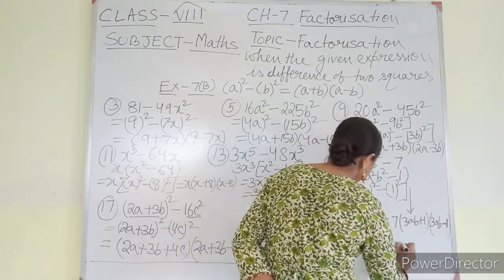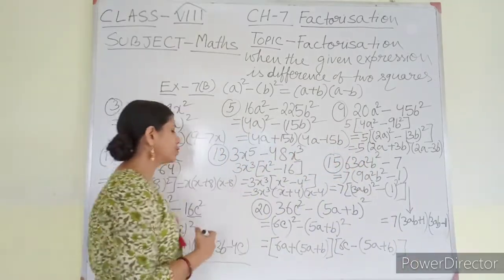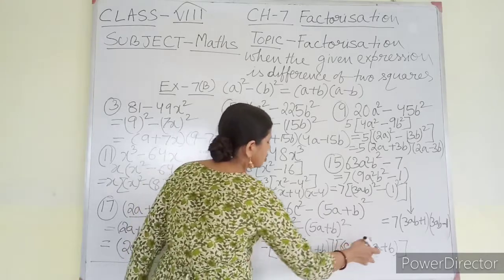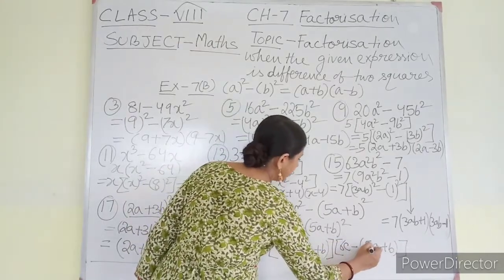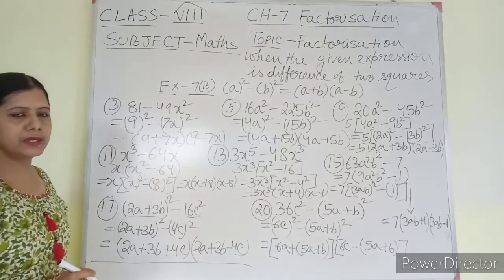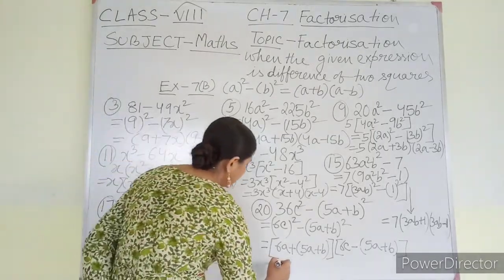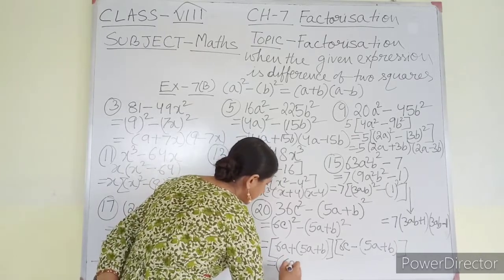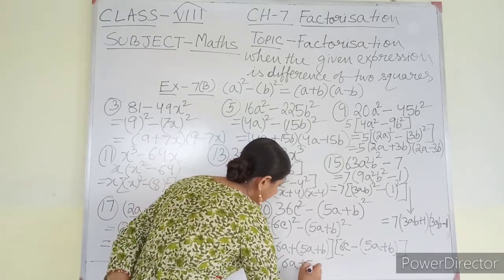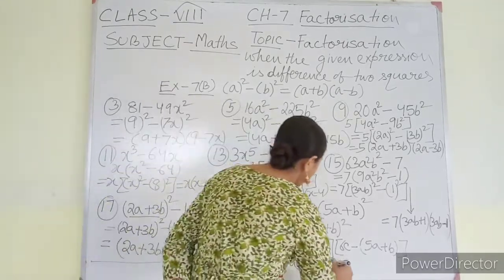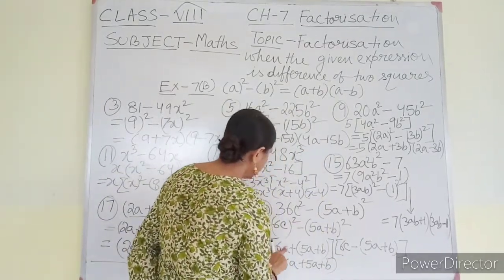5a plus b. Why have I taken two brackets? Because here there is a negative sign, so if I open the bracket, the sign will change. For showing that sign change, I am giving two kinds of bracket. So ultimately my answer is 6c plus 5a plus b. This is one factor, and another, sorry, it is c, not a.